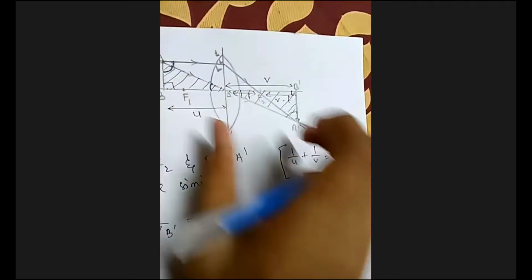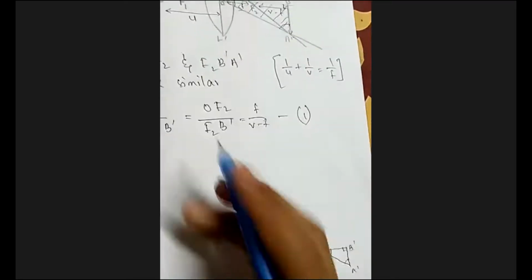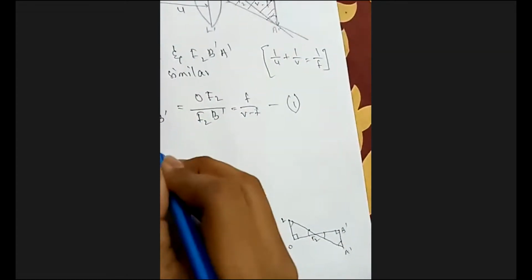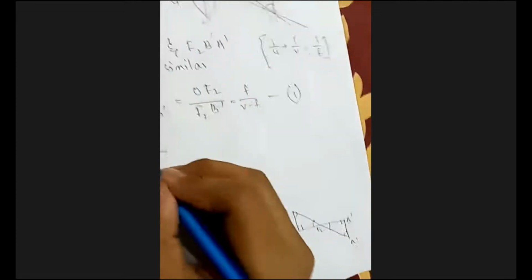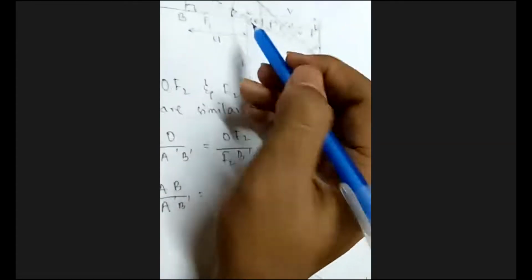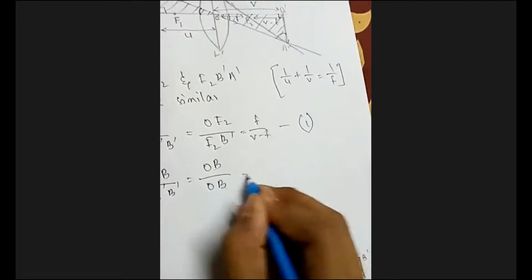When the three angles are equal, both triangles are similar, and when they are similar, their sides' ratio will always be equal. So from this triangle we take AB and A prime B prime, and the sides OB and OB prime.